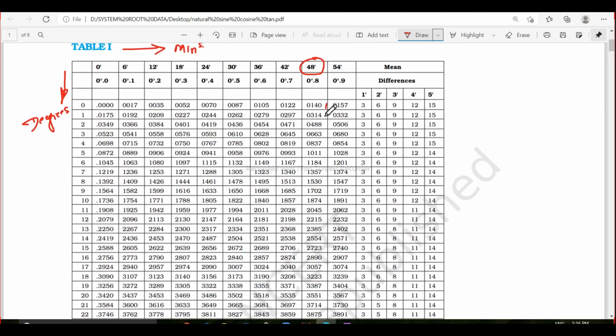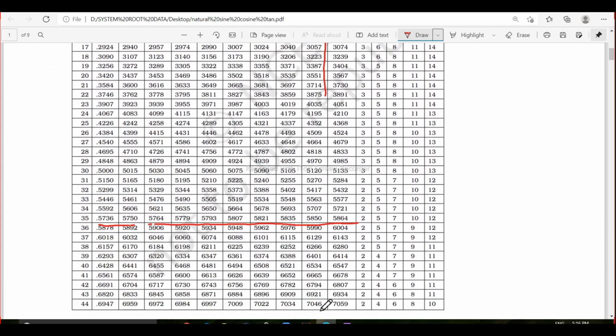So 48, and let's take this arrow down. Let's see where it intersects, and we get it here. So that is 5990. Let me make it more clear. This one, see, 5990, right? This is what we had got.